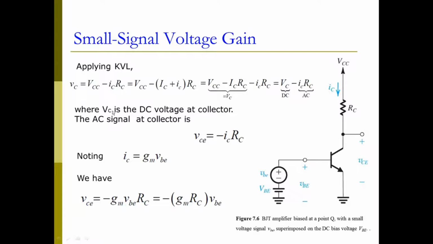So the first part is the DC voltage at the collector, and the second part is the AC voltage at the collector, and we notice a negative sign here. We know vC equals vCE, right? Because the emitter side is already grounded. So vc equals negative ic times RC.